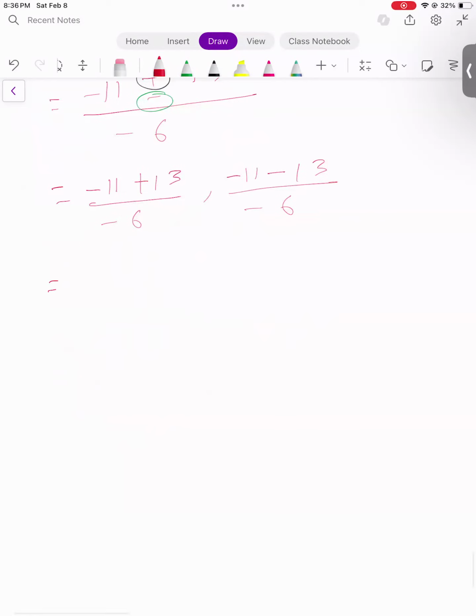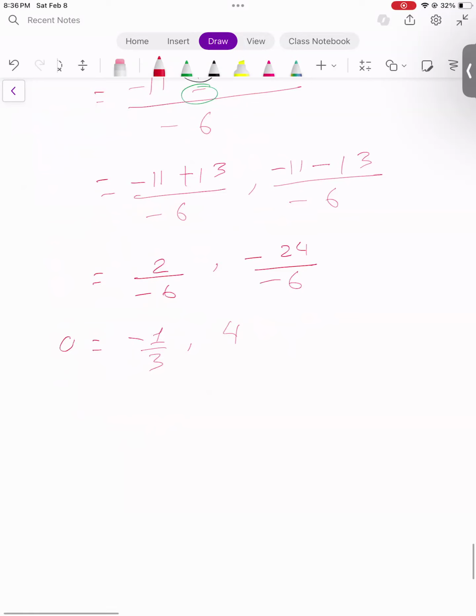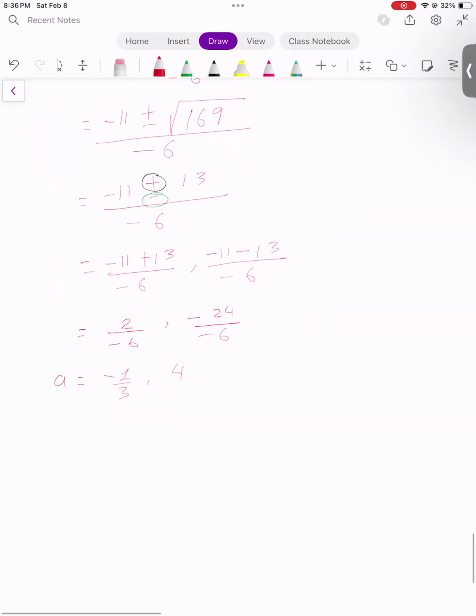Simplify: negative 11 plus 13 is positive 2 divided by minus 6, that is negative 1 over 3. Negative 24 divided by minus 6 is positive 4. Okay, so these are the solutions for A.